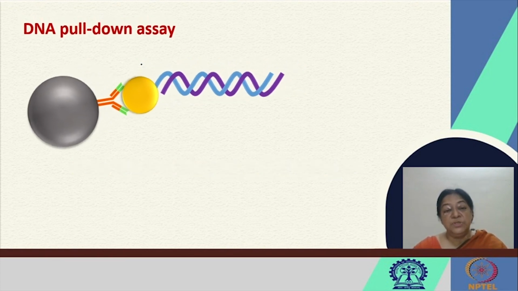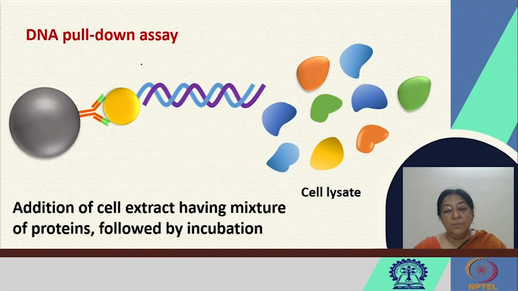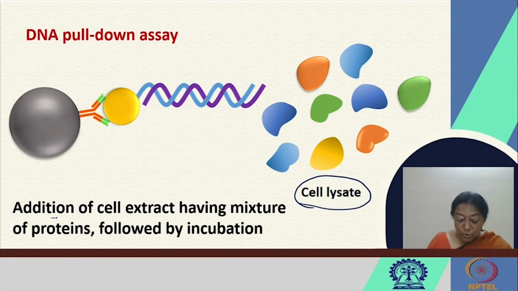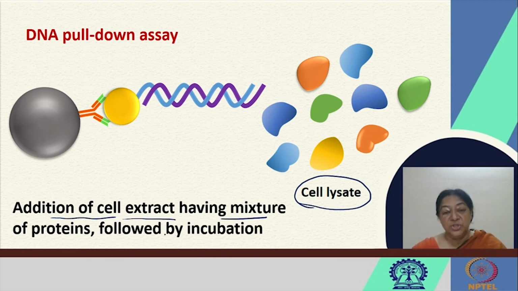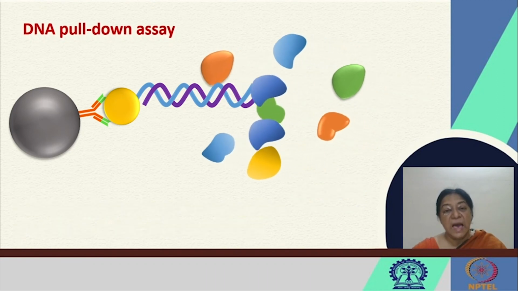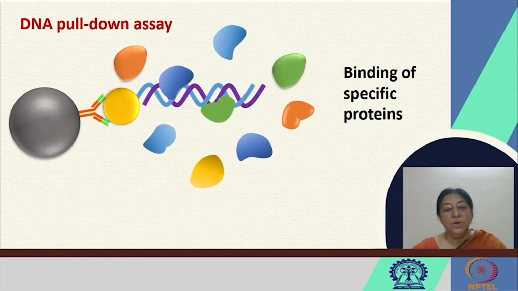The specific proteins of interest now are brought through the cell lysate, which has a mixture of proteins. Now, the addition of the cell extract occurs that has the mixture of proteins. This is followed by incubation, and during the incubation, the DNA binding proteins would bind to the DNA present, and the rest would not be bound to the DNA.